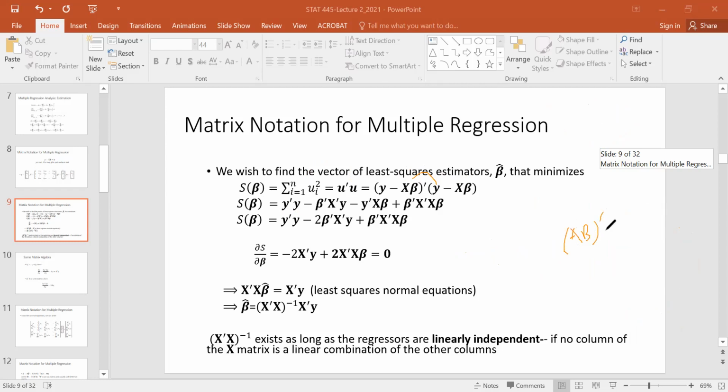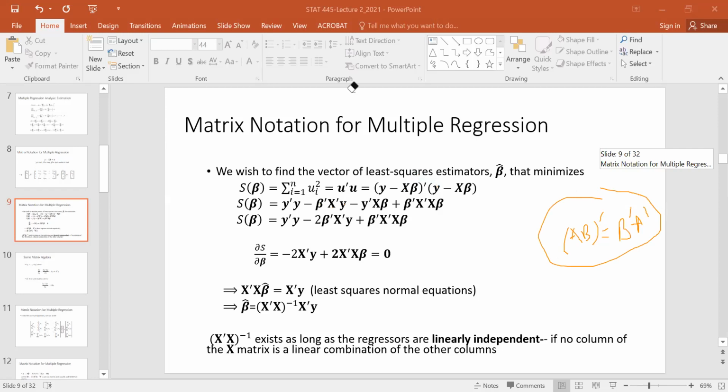AB transpose is what? B transpose, A transpose. That's what I'm going to apply here. So I'm having X beta transpose multiplied by Y. So this becomes beta transpose X transpose, then times the Y. Take your time and then you will get it.